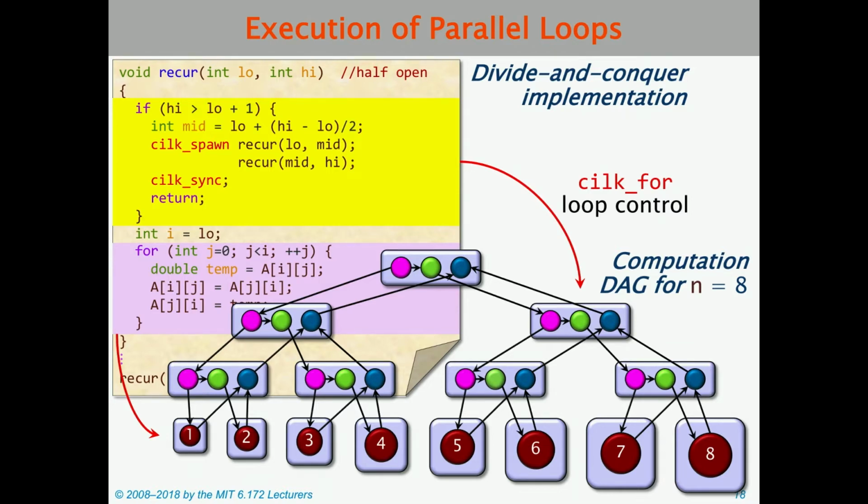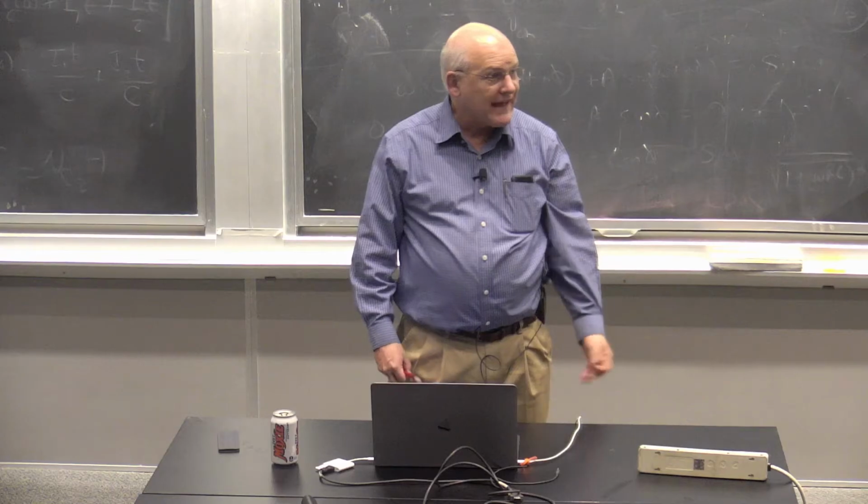And what it's doing is it's basically saying, let me divide it into two parts, and then I spawn one recurrence, and I call the other. And I just keep dividing like that till I get down to the base condition. And then the work that I'm doing, I've sort of illustrated here. The work I'm doing in each iteration of the loop is growing from 1 to n. Okay, I'm showing it for 8, but in general, this is working from 1 to n for this particular one. Okay? So is that clear? So that's what's actually going on.